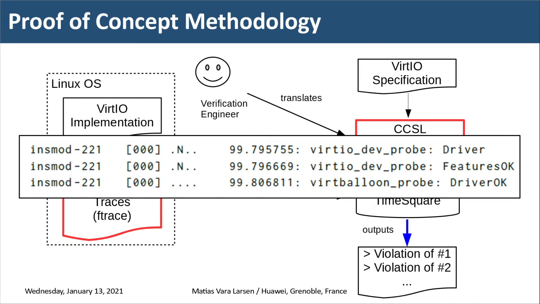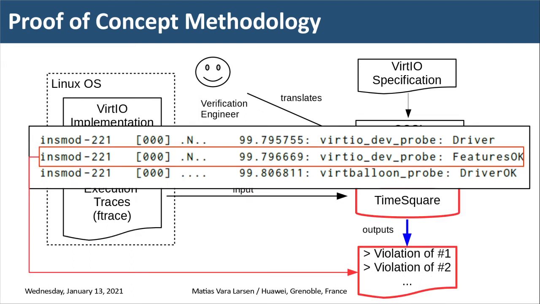Ftrace outputs the timestamp, the name of the function, and the content of the trace printk. We replay the simulation in TimeSquare and the tool informs us when a requirement has been violated. This information can then be used to find potential bugs in the implementation.